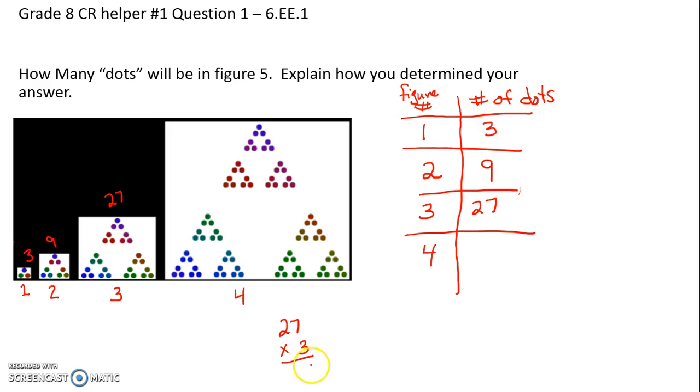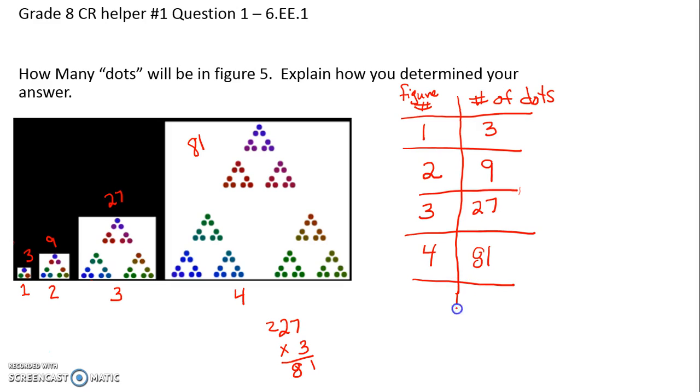Let's look. 7 times 3 is 21. 3 times 2 is 6, 7, 8. So that's 81. Whew! 81. So in my fourth figure, I bet there's 81. Well, if I look here, that's 9 times 3, that's 27, and there's 3 sets of 27. Yup, that's going to be 81.